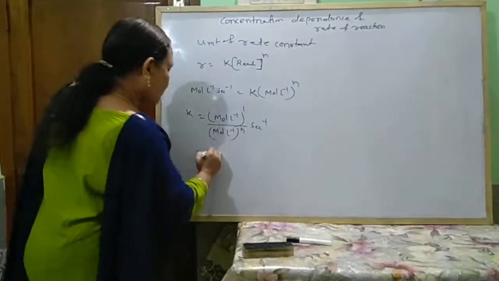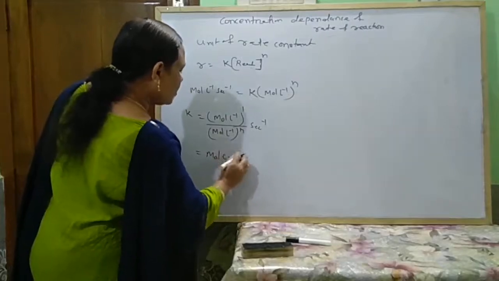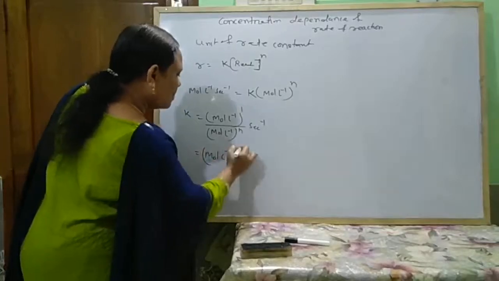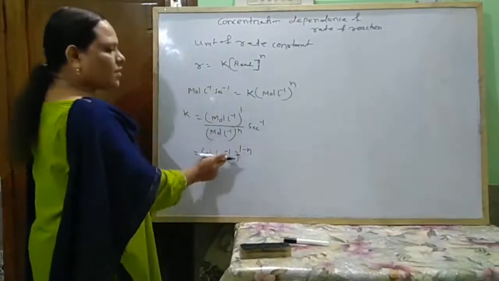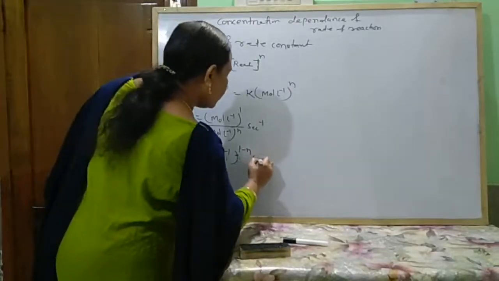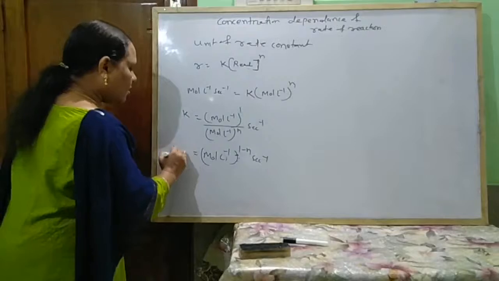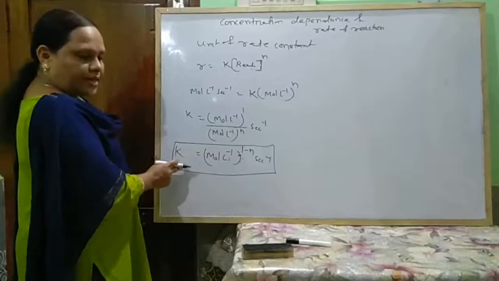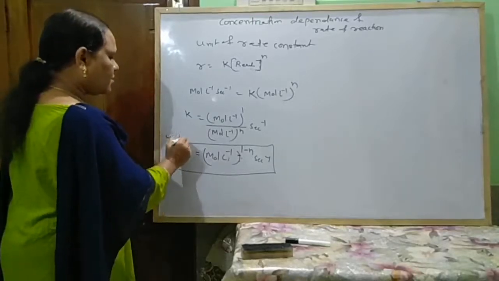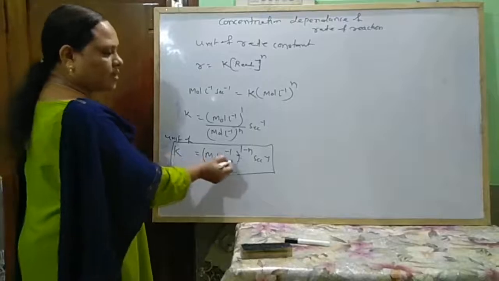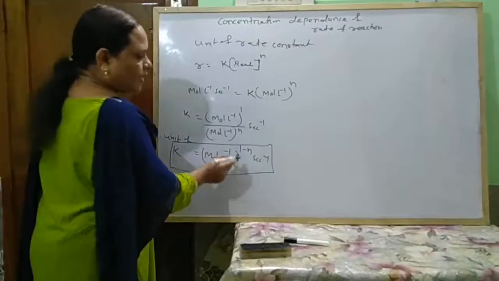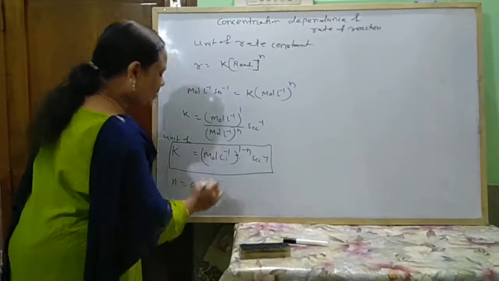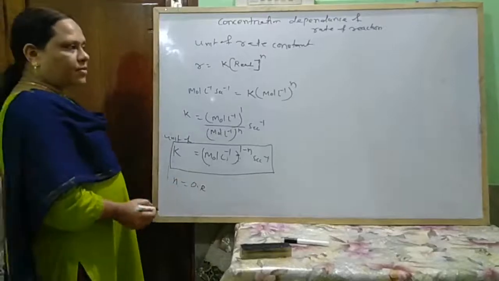So we can write mole liter inverse to the power 1 minus n, second inverse. So this is the unit of rate constant K, where n is order of reaction.